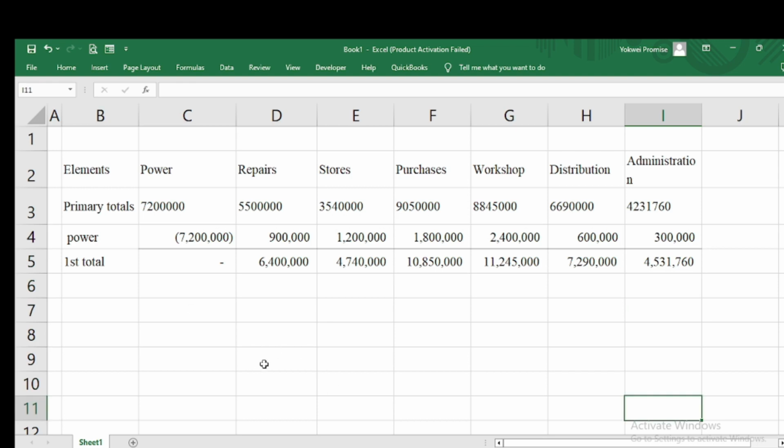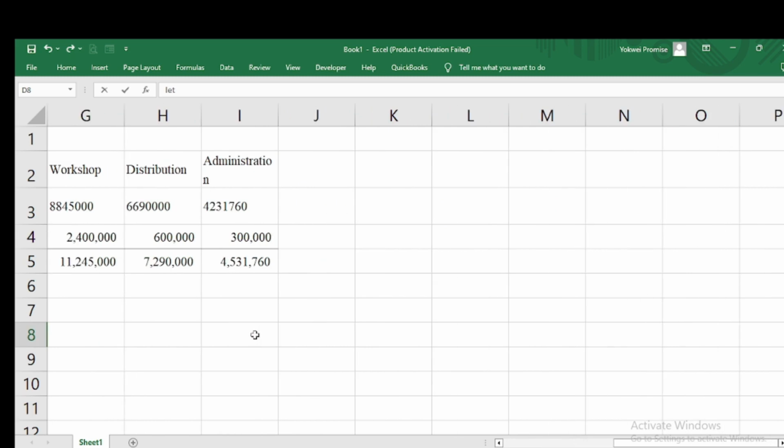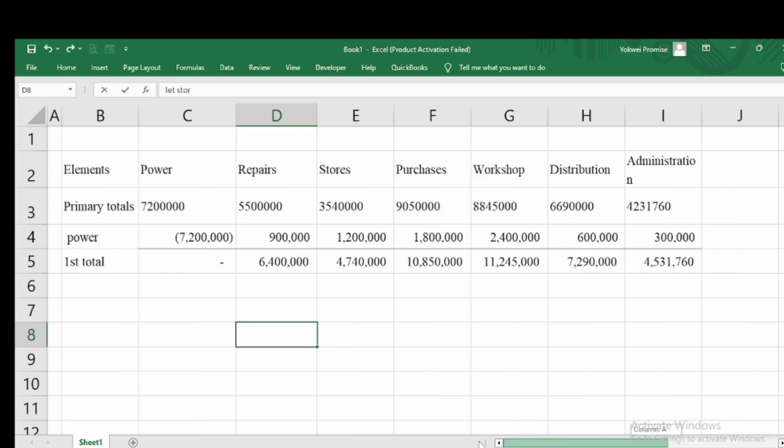So our first equation, we'll let the store equal S and repairs equal R. That means capital letters.